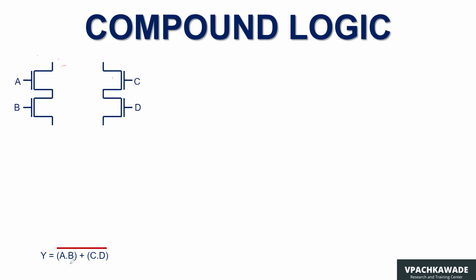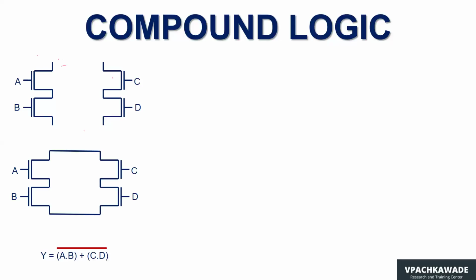Now you have to perform the OR operation of these two AND gates, A and B or C and D. So for that, to perform the OR operation, you can see now these two pairs are connected across each other. It means they are connected in parallel to each other. So that is how you implemented A and B or C and D.